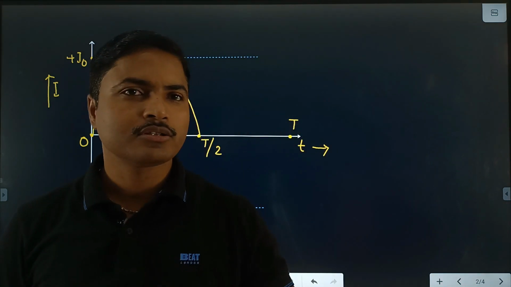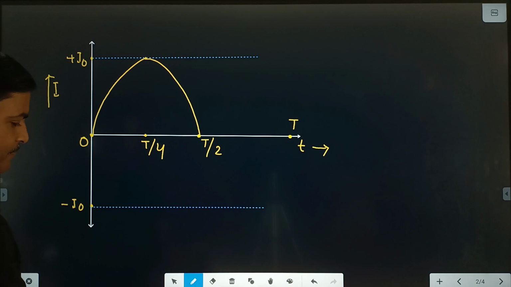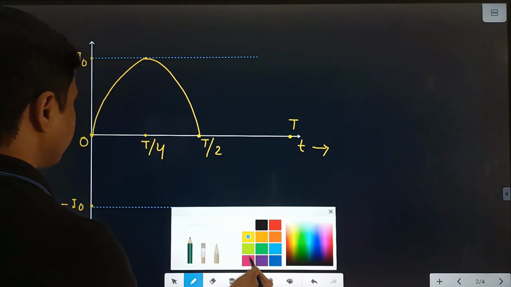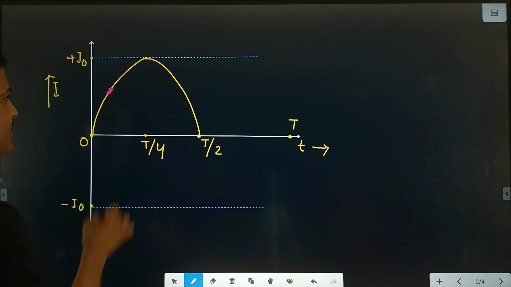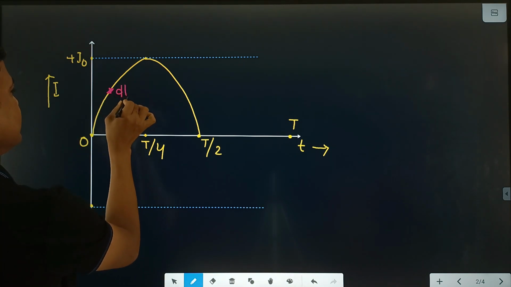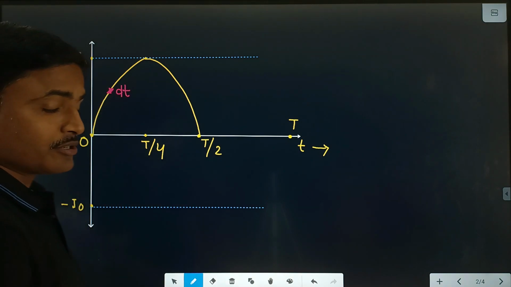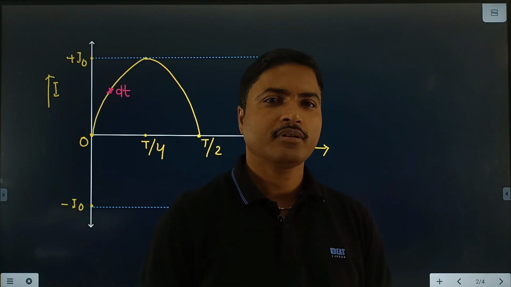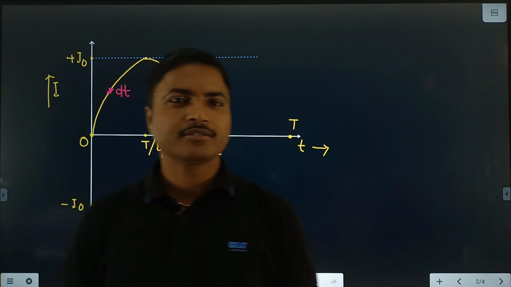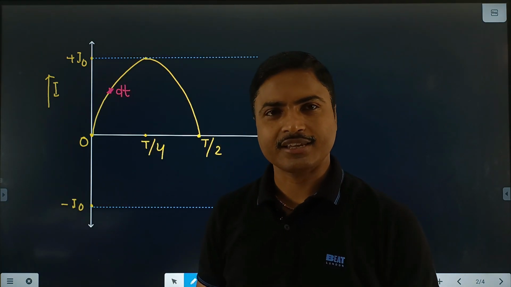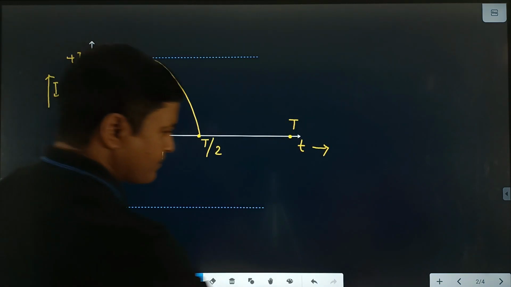Clear? Suppose we take a very small time, and for this small time we write dt. In this very small time dt, what is the charge flowing through the circuit?